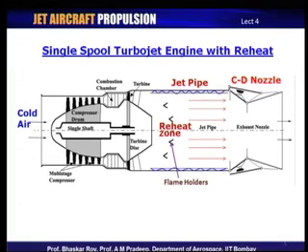Now, let us take a look at another version of jet engine, slightly beyond the basic jet engine, in which a long reheat pipe has been added, and this reheat pipe or a jet pipe actually contains what can be called a reheat zone, in which we have a number of flame holders. Now, these flame holders are also there actually inside the combustion chamber.